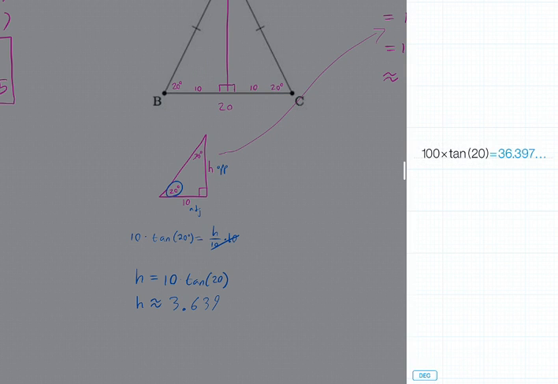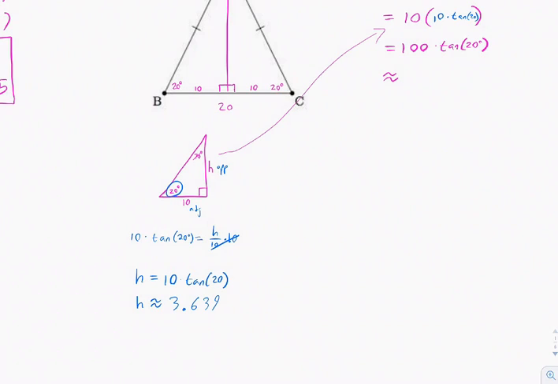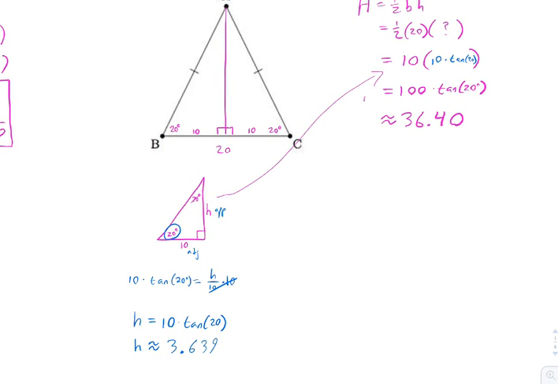Okay, so, oh, I could have just multiplied that by 10 by moving the decimal. 36.39, and notice I didn't round in the beginning. There's a 7 after that, so that 39 is going to round up. So I'm going to get 36.40. So my area is either exact or approximate.